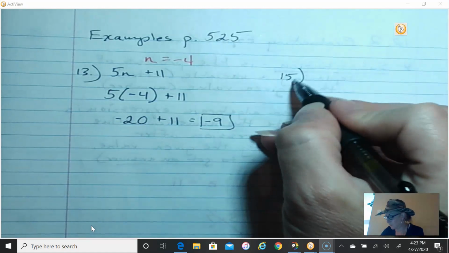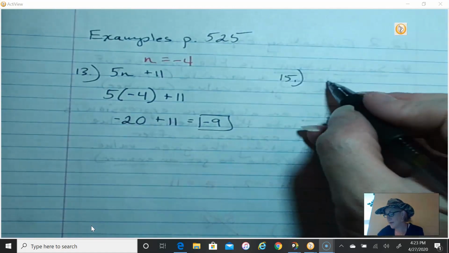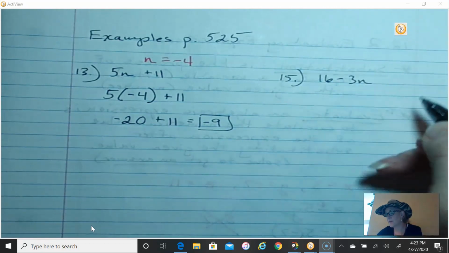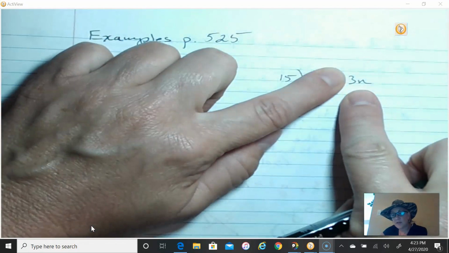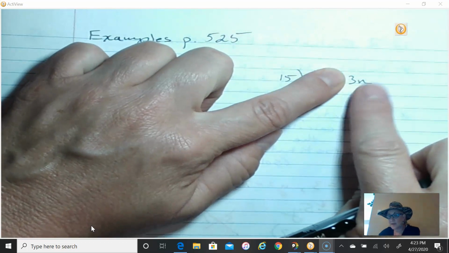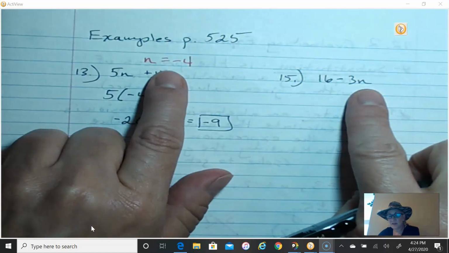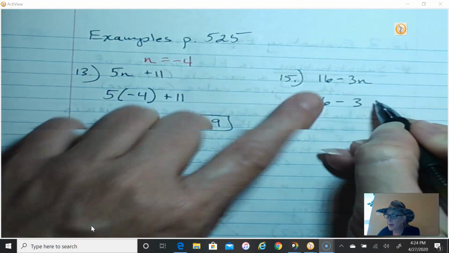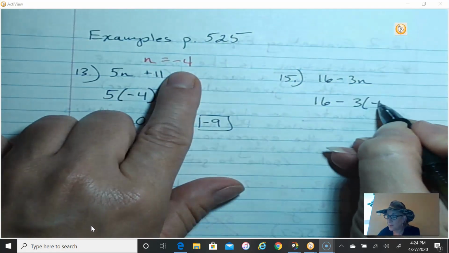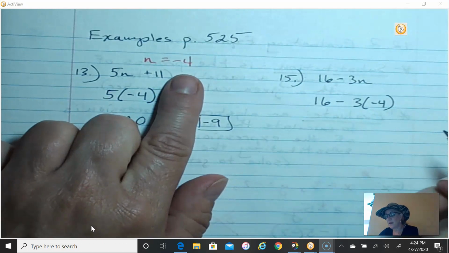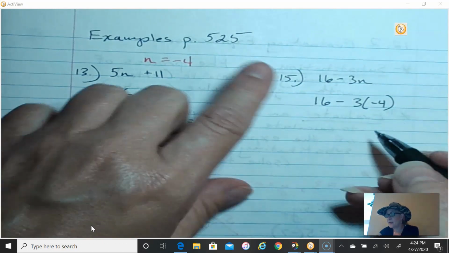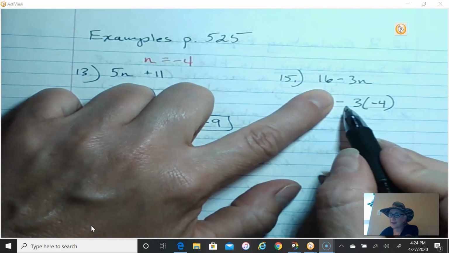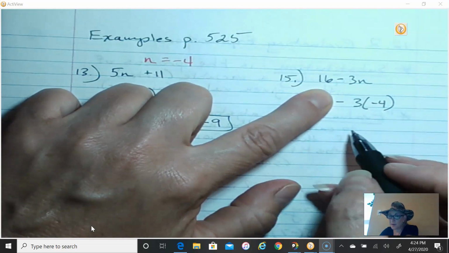All right, let's do 15. 16 minus 3n. All right, we're multiplying that 3 and that n. Okay, so the directions say n is negative 4. So 16 minus 3 times negative 4. Okay? Now, when you're multiplying this, you kind of want to do negative times negative, and that's going to give you a positive.